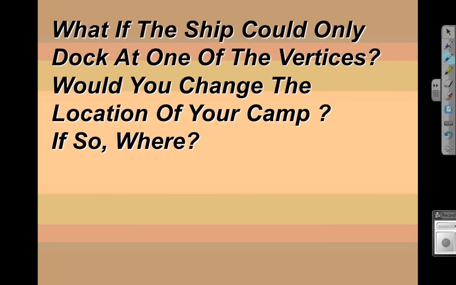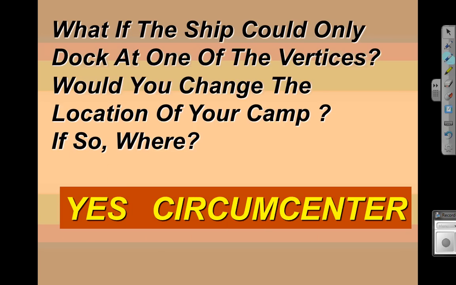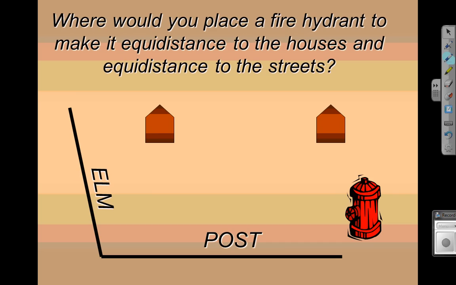What if the ship could only dock at one of the vertices? Would you change the location of your camp? If so, where? Which of our scenarios has you equidistant from the 3 vertices? Okay, you would set yourself up to be at the circumcenter. Okay, here's a good one.